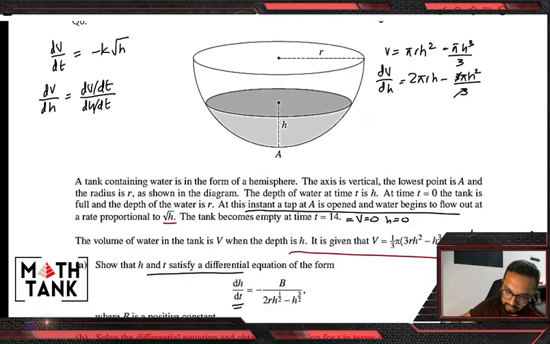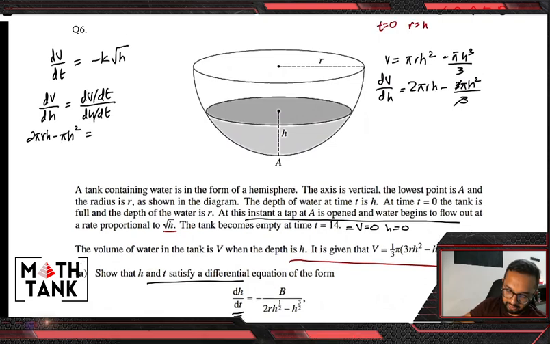Now putting these into a chain rule, 2 pi r h minus pi h squared, times dh over dt, which is what I need, equals dV over dt, which is minus k root h. So what I notice is there's a b here, and the rate of proportionality that I've used is k, which is generally true.